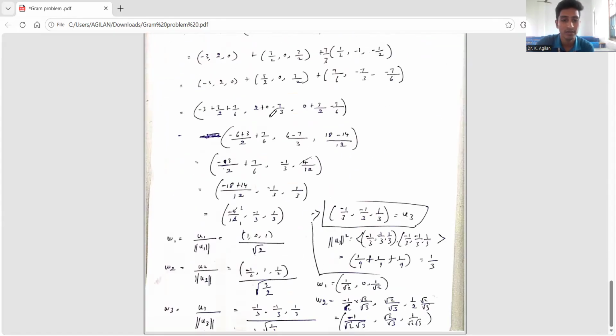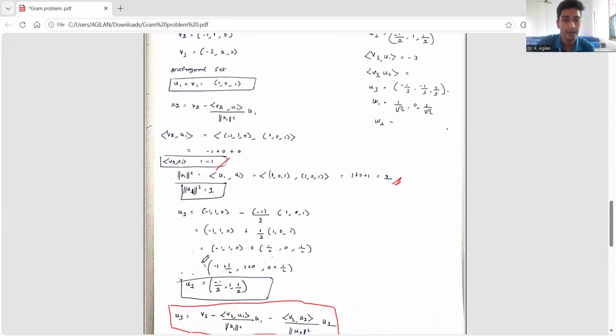So similarly, we know the value of U2, and from this value we can find W2, right? U2 is nothing but minus 1 by 2, 1, 1 by 2.